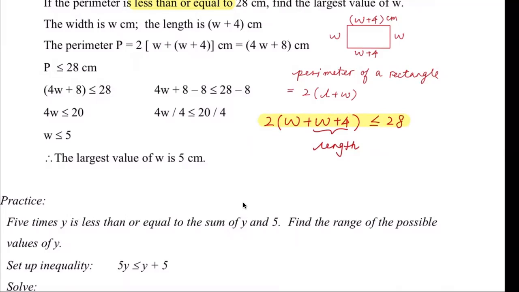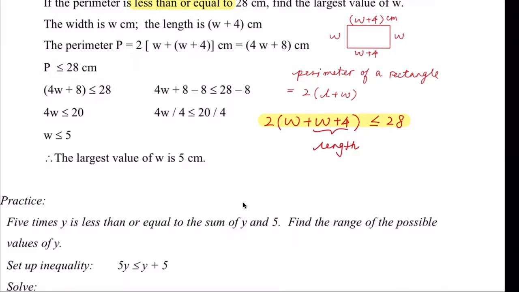Solving this inequality is not the hard part because the numbers are very straightforward. There's no negative, there's no fraction. It's very easy. The hard part here is to write this inequality accurately based on the information given in this question.